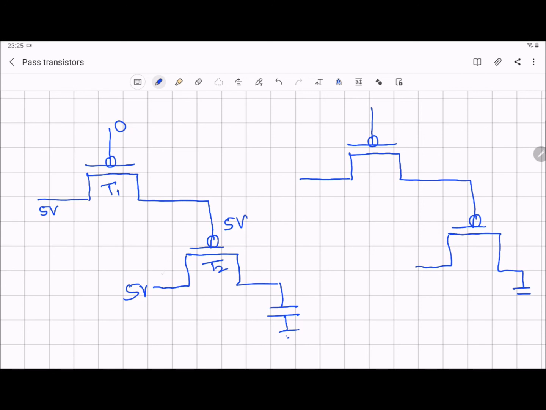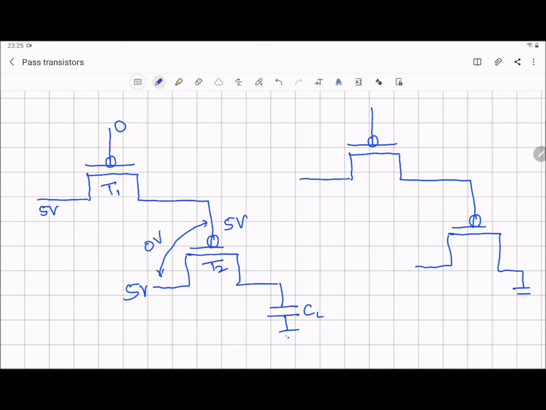So in this case the VGS is going to be 0 volt, which is greater than the threshold voltage, and hence transistor T2 will be off and the voltage in capacitor CL is not going to change.